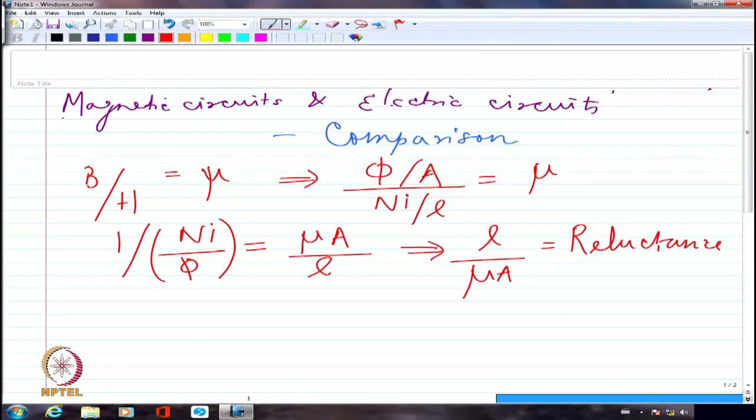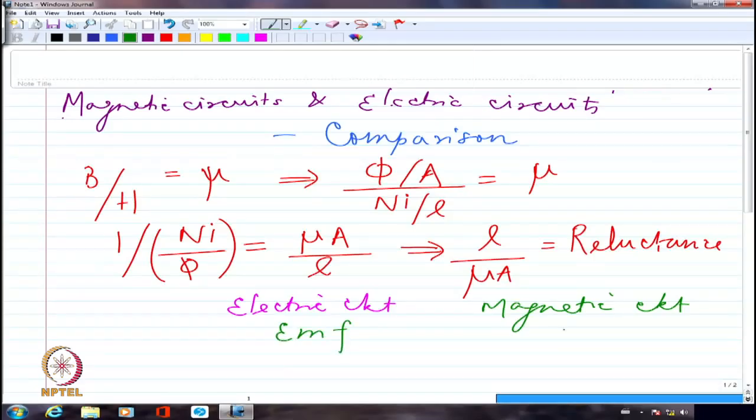Fine? So if I compare an electric circuit and magnetic circuit, on the one side let me write electric circuit, on the other side magnetic circuit. In this particular case, this is going to be EMF, in this case it is going to be MMF. Let me write the units also in the bracket. This will be volts, whereas this will be in ampere turns, but I'm going to write that as amperes.